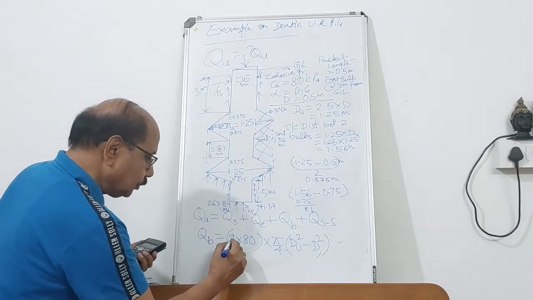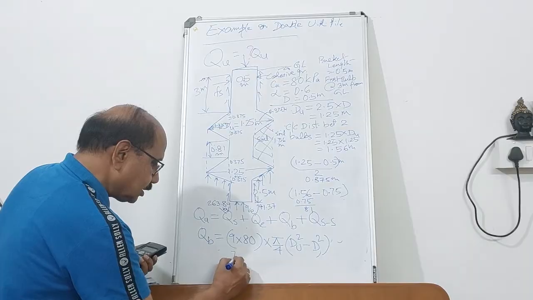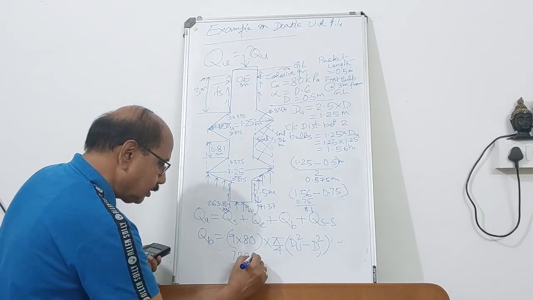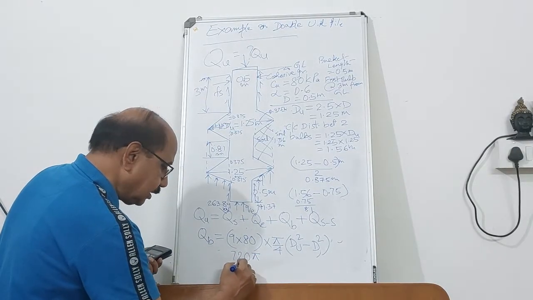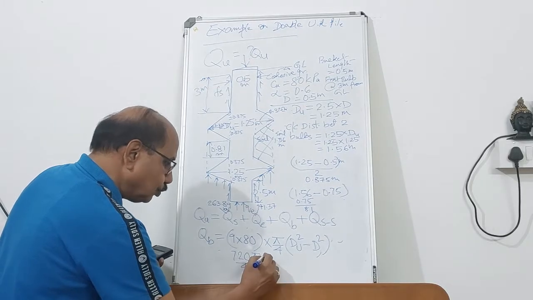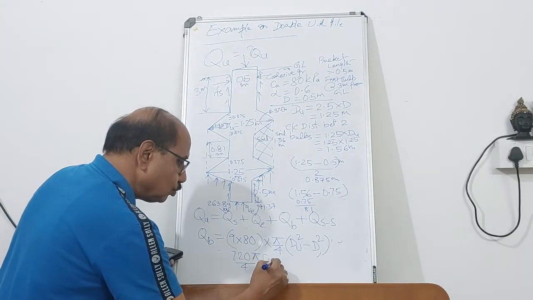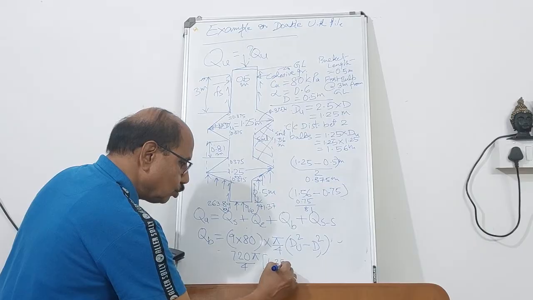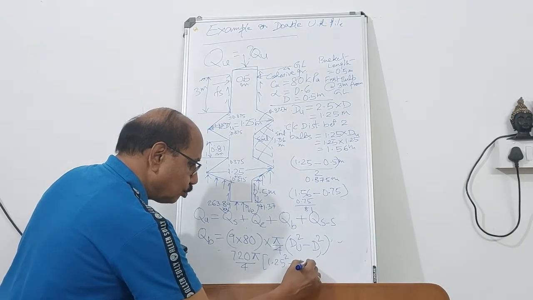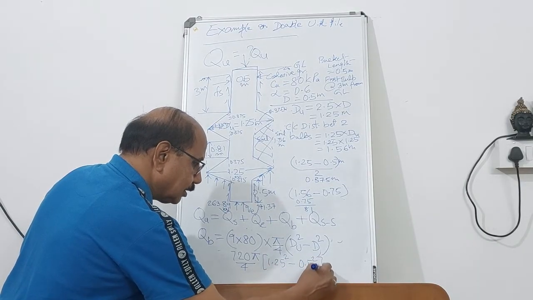So this is 720 by 4 into 1.5 square minus 0.5 square.